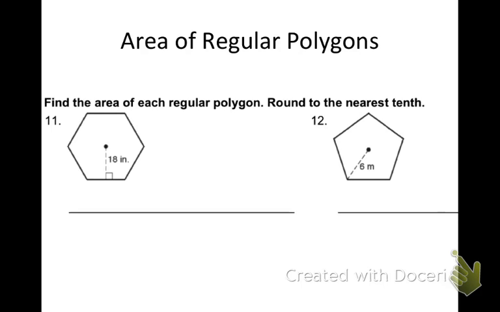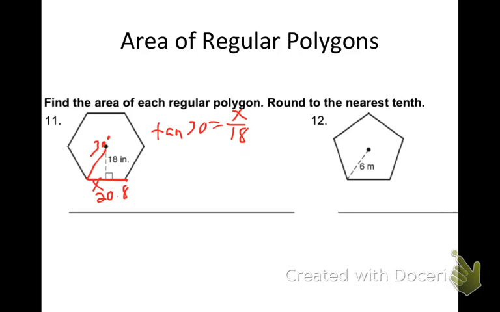If you looked at this, the central angle was 30 degrees. And because the central angle is 30, to find the bottom part, you'd have to use tangent. So tangent of 30 equals x over 18. And you would have had to multiply 18 times tangent of 30. I think you end up with 10.4, which means the whole side at the bottom is 20.8.